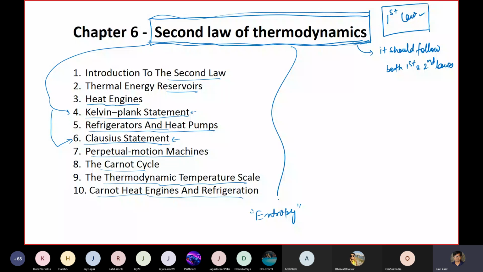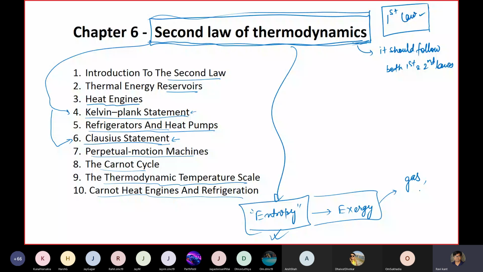The next thing we are going to talk about is exergy, and then we are in a shape to learn proper gas cycles and vapor cycles, on which real machines or real power plants work.